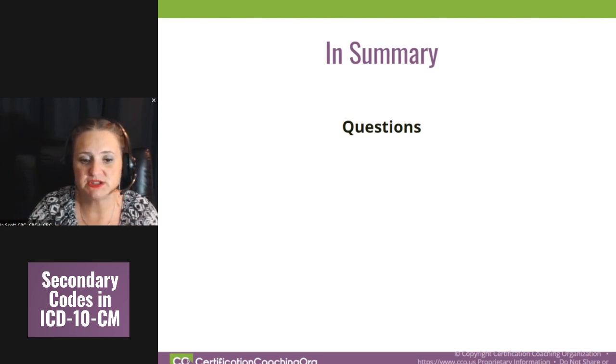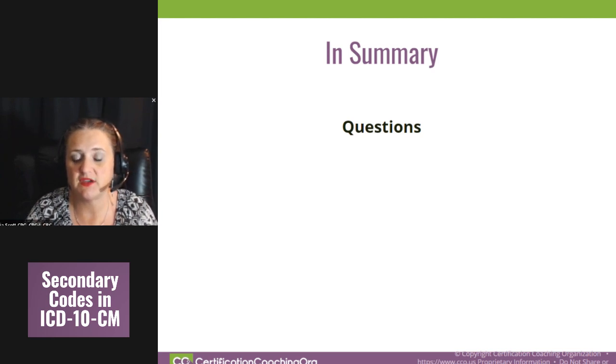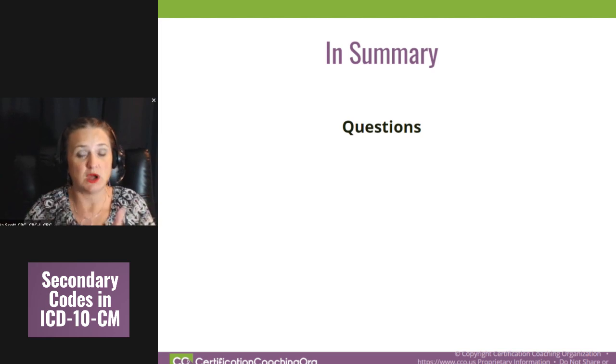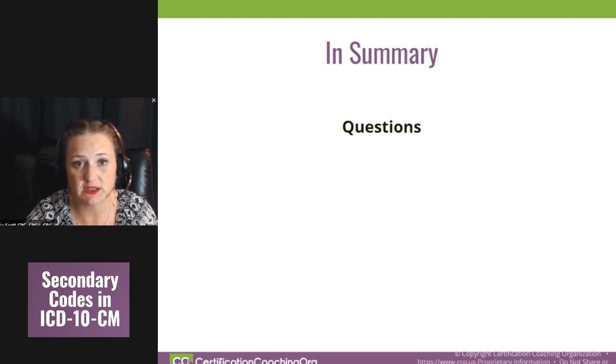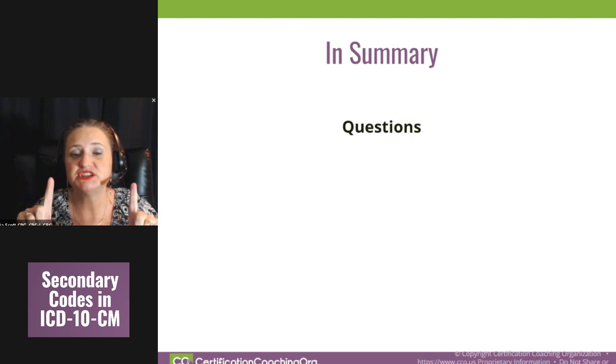So if the patient is documented as obese, but they have a BMI of 55, you cannot code it as morbid obesity because the doctor said obesity. Now, if you want to code it as morbid obesity, then you query the provider and get permission to do that.